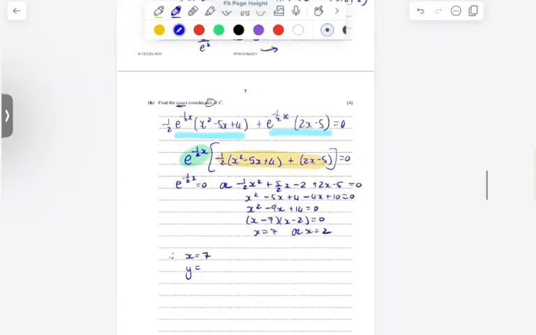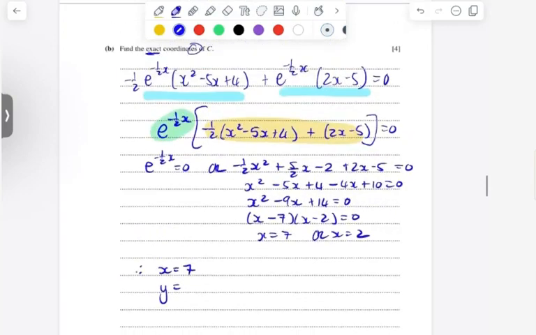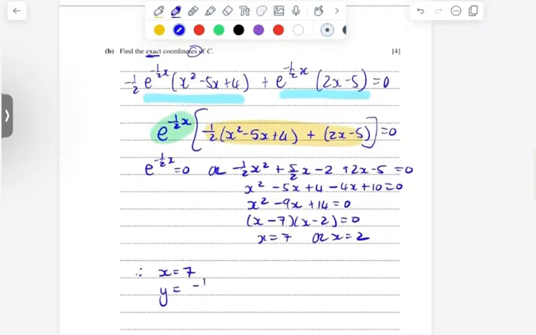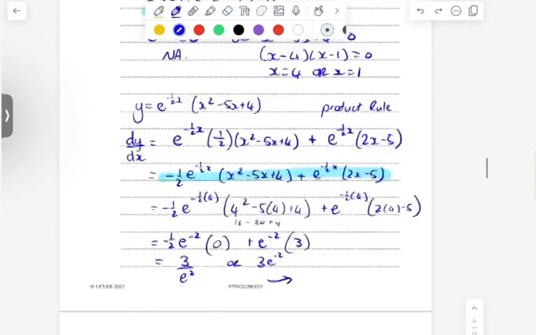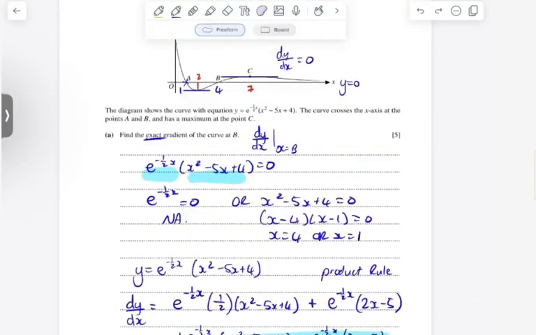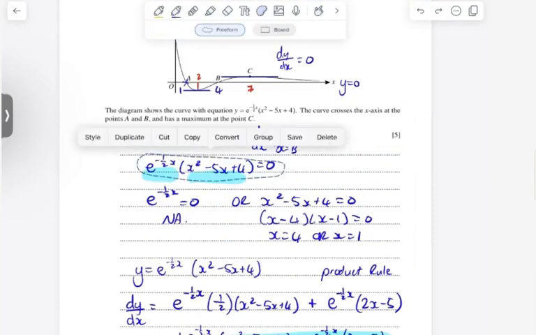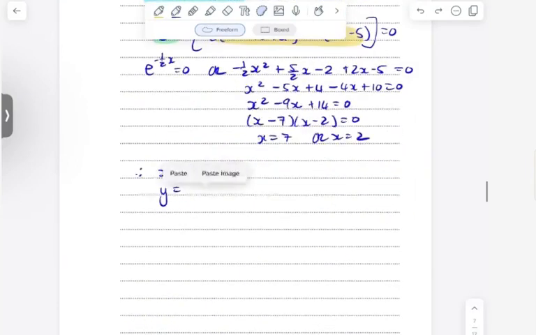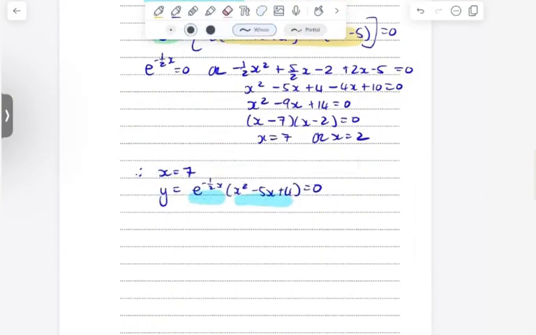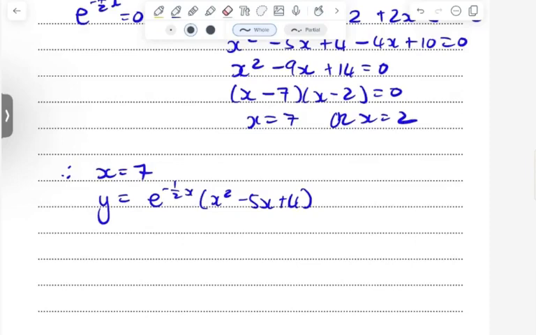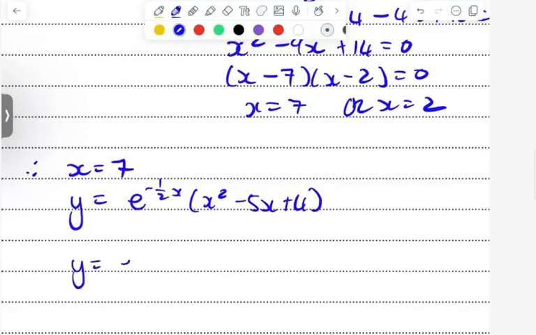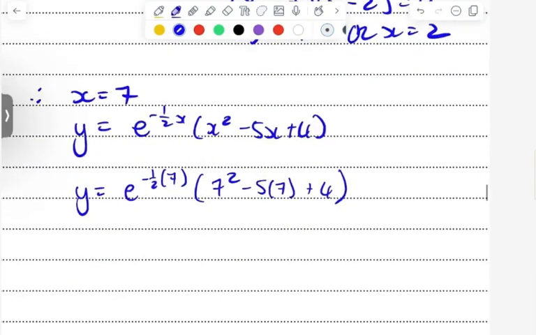And so y is going to be, we're literally just going to plug 7 into our formula. Not into our derivative, we've got to plug it into our original graph, and that's this one over here. I'm just going to copy it and paste it. Obviously, you can rewrite it. Seven, and then 7 squared minus 5 times 7 is 4. And that is going to give us e to the power of negative 7 over 2.